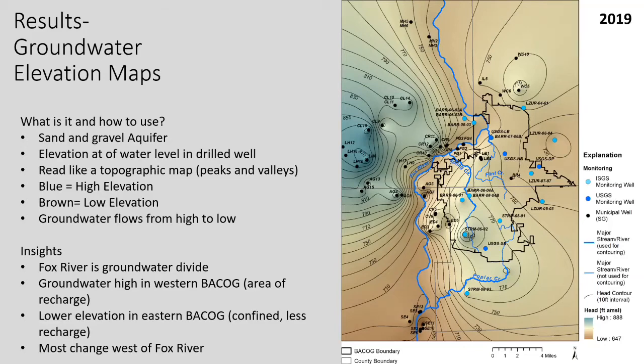Oh, okay. And the fact that it's a black dot or a brown dot means that it's got a low elevation, like the water it's pulling from is a shallow aquifer? I took this when you were explaining before that the blue dots meant there was lots of water and the brown dots meant there wasn't as much water. Oh, no, okay, let me clarify this. All the dots that you see on the map, regardless of color, are sand and gravel wells.